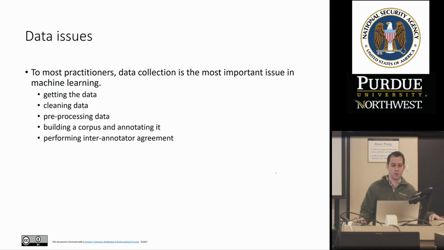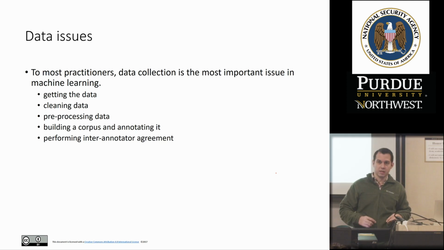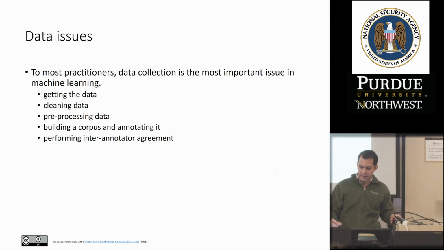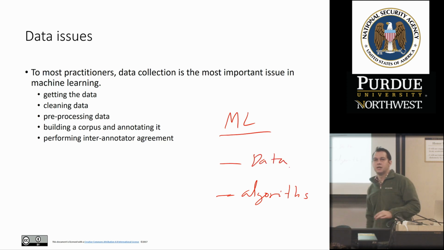and big data. To most practitioners, data collection is the most important issue in machine learning, and hopefully that's something that's becoming clear throughout the class. In machine learning, there are two main components really: the algorithms and the data. The algorithms hardly ever change, right?